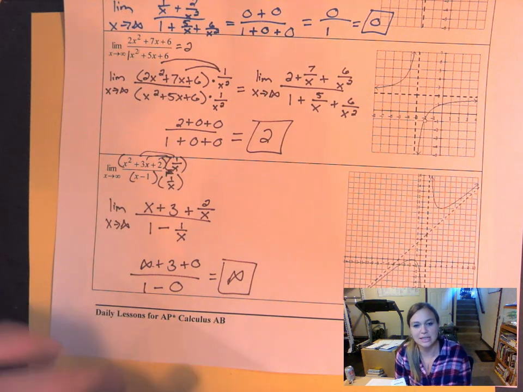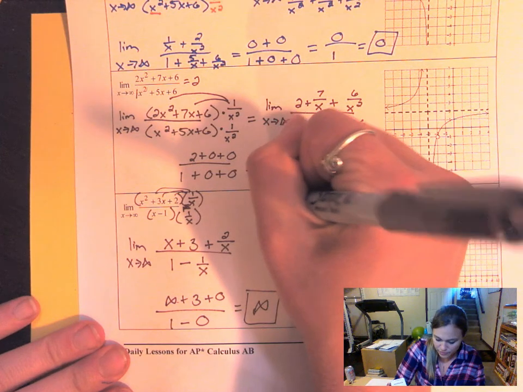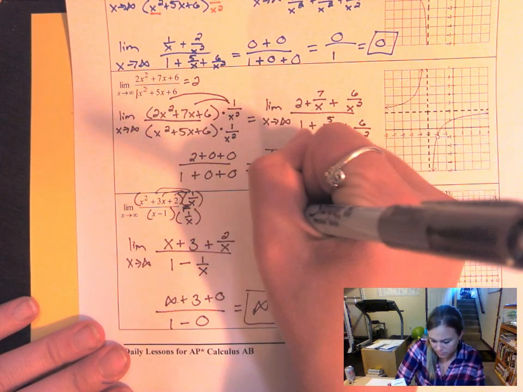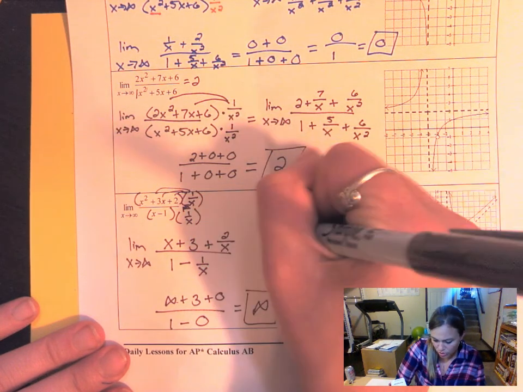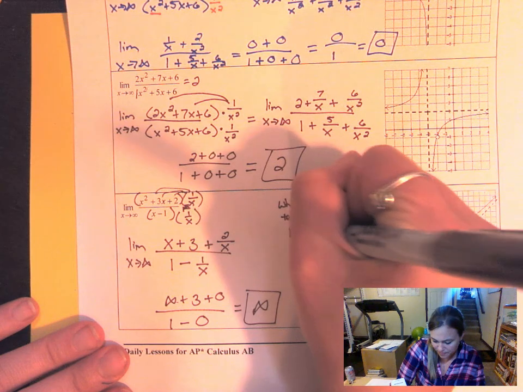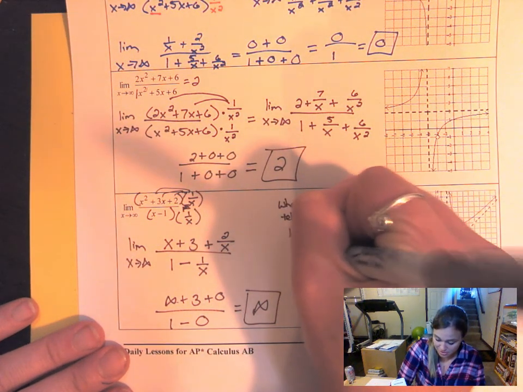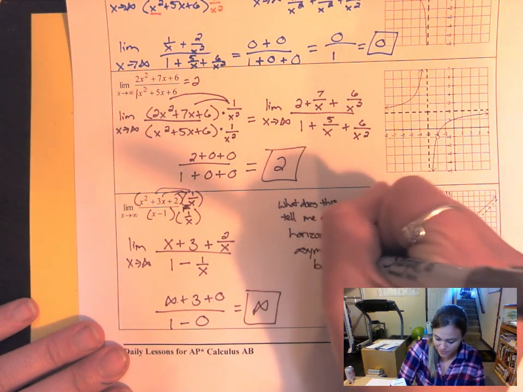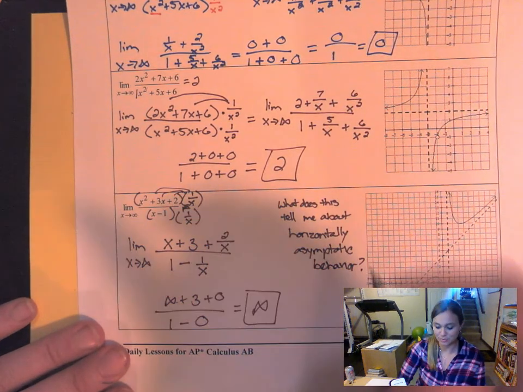One of the questions that I've seen asked is, what does this tell you about the existence of horizontally asymptotic behavior? What this tells me is that there is no horizontal asymptote.